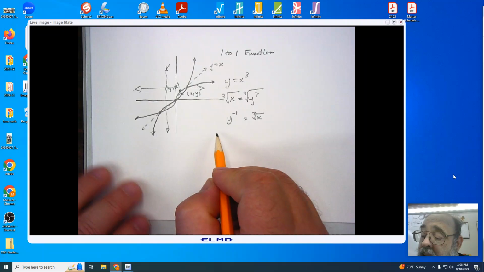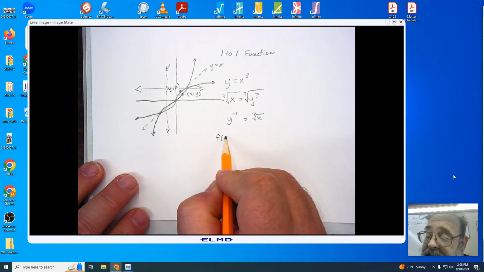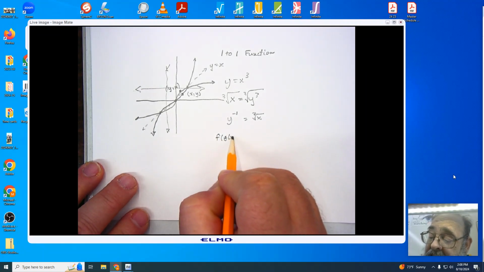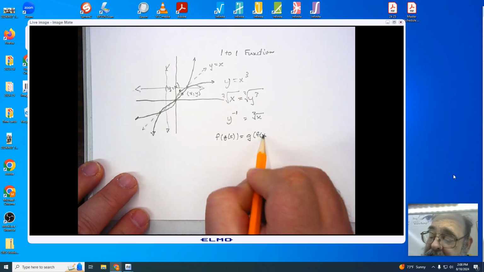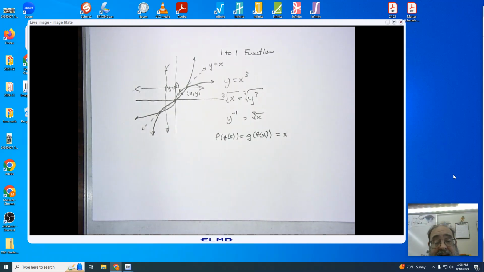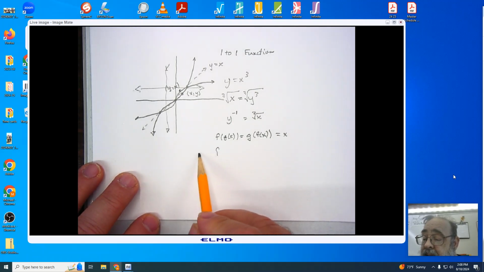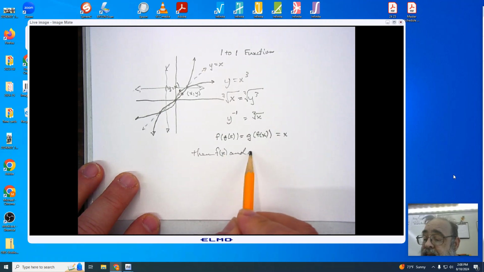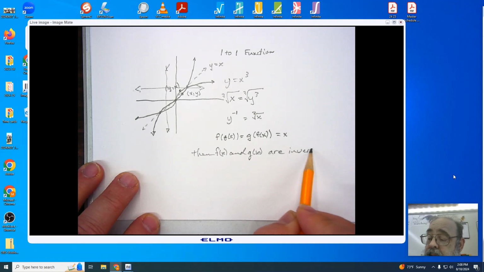All right, so be aware that we can then start to say inverse functions are functions where f(g(x)) is equal to g(f(x)), which will always equal x for the domain of f(x) that is the range of g(x), and vice versa. And these are now inverse functions. Then f(x) and g(x) are inverses.